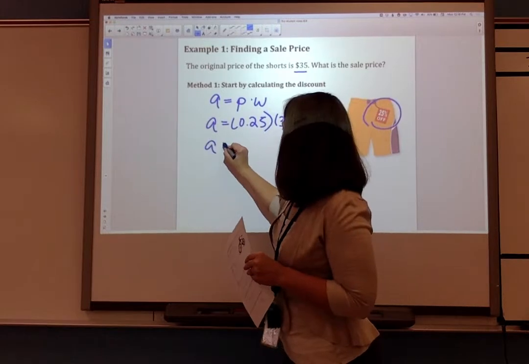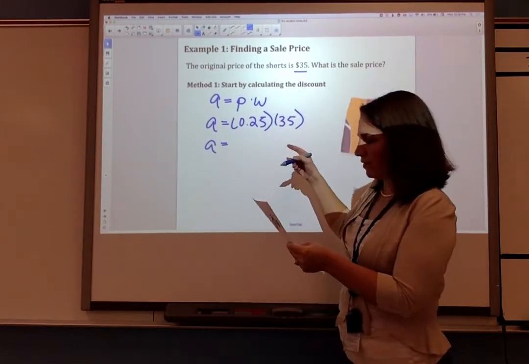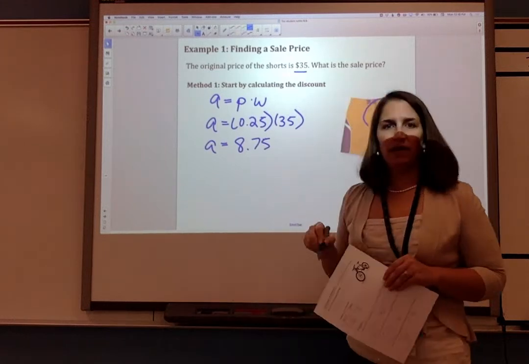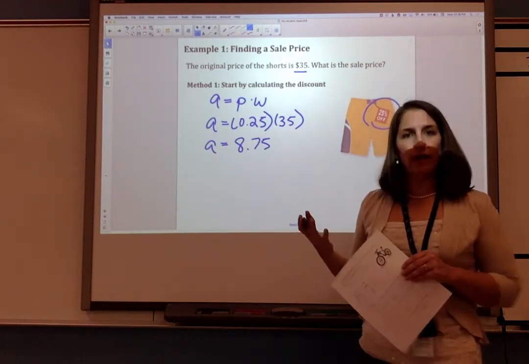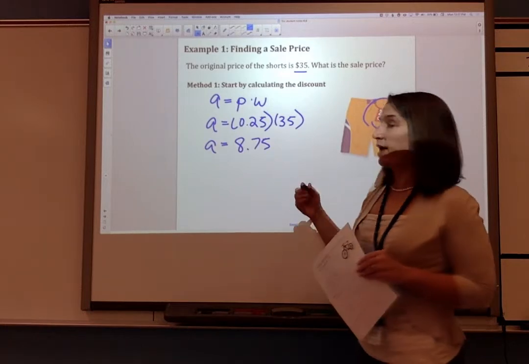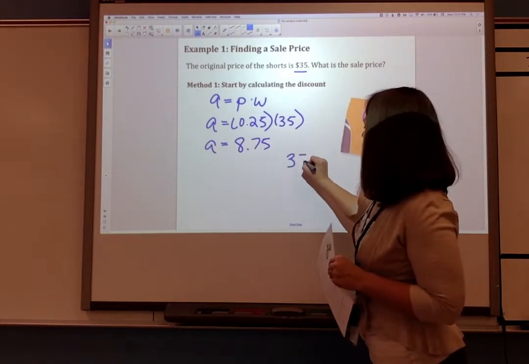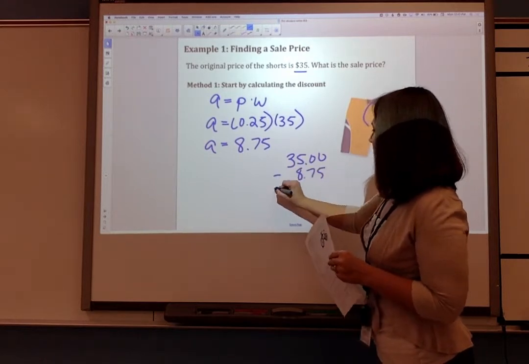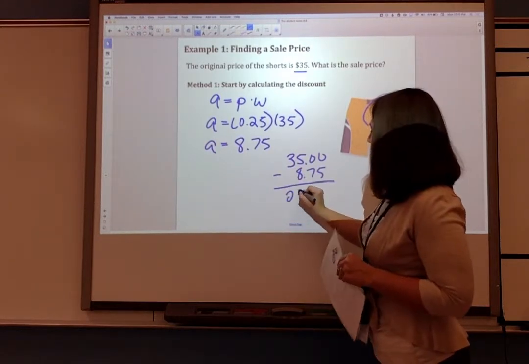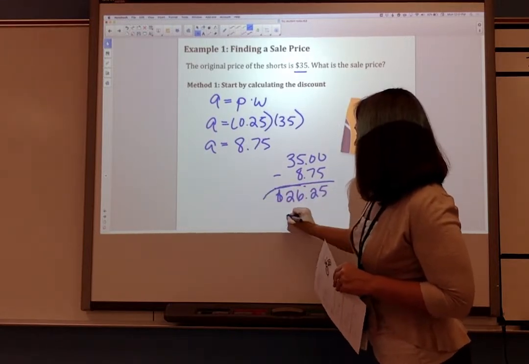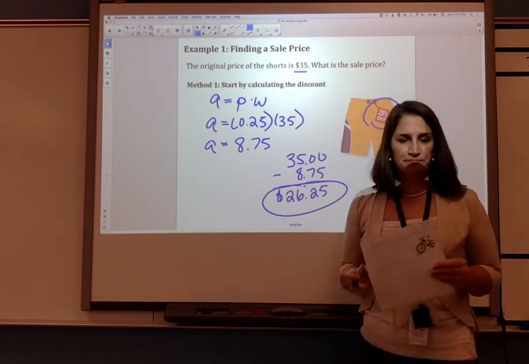So the part, in this case, 25% of 35 is $8.75. So that's how much of a discount there is on the shorts, but we want to know what is our sale price, what are we going to pay? So we need to subtract $35 minus $8.75, and we get $26.25, which is our sale price.